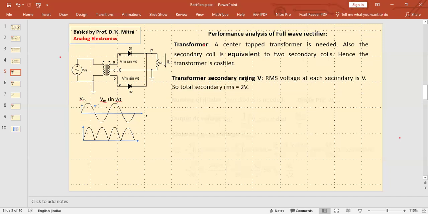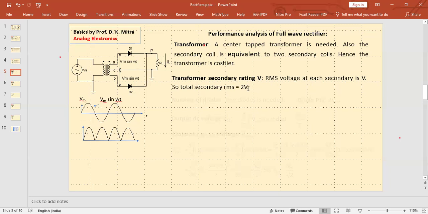Number two, transformer secondary rating. As I said earlier, transformer secondary rating is always expressed in terms of the RMS voltage of the secondary. Here, each one has Vm, and the RMS voltage is Vm by root 2, which can be called V. And so the total secondary RMS is 2V.